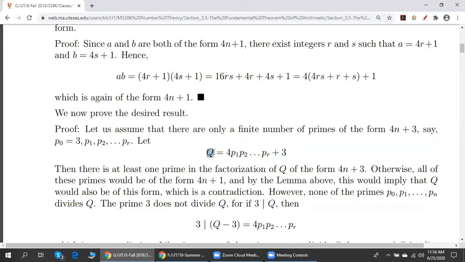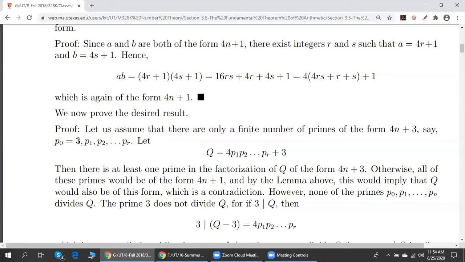But if Q is of the form 4n plus 1, and we divide Q by 4, the remainder is 1. Does this make sense? Yes, thanks. Here is what we do next. So, at least one prime in the factorization of Q is of the form 4n plus 3.